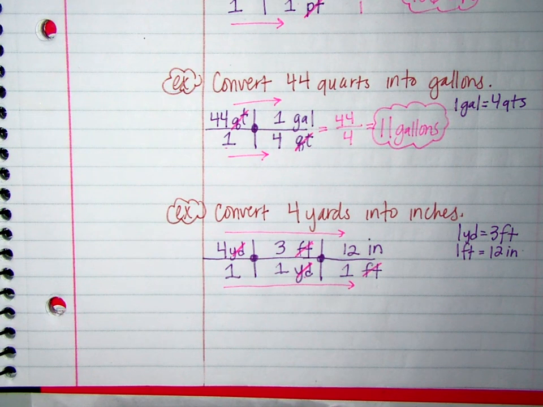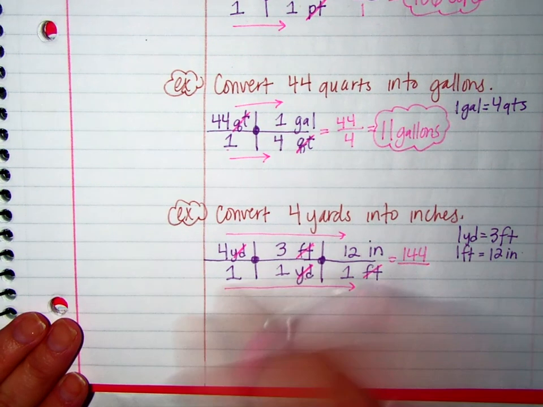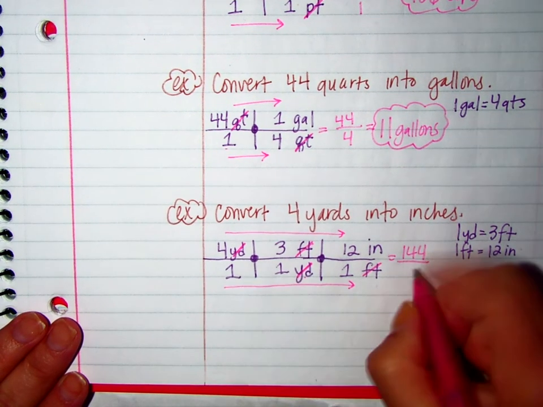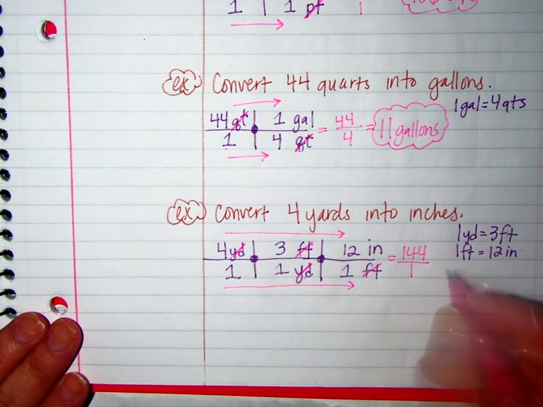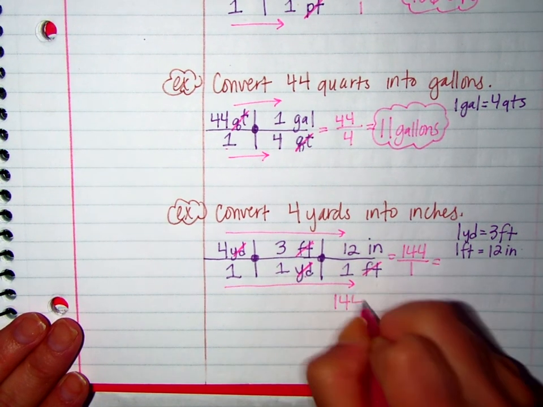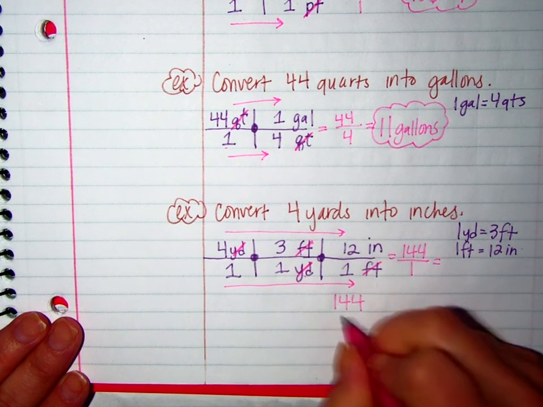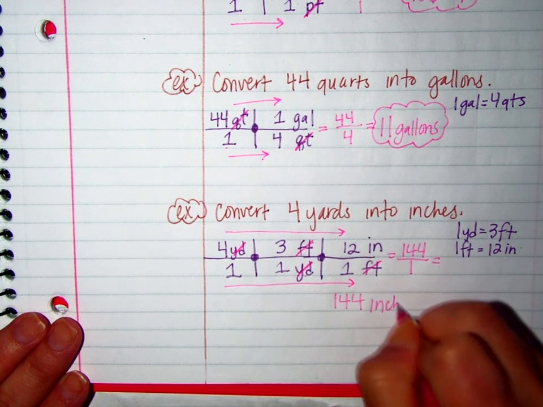So we got 4 times 3, which is 12, times 12 is equal to 144. And then 1 times 1 is 1, times 1 is 1. And when we divide here, 144 divided by 1 is equal to 144. So 4 yards is the same as having 144 inches.